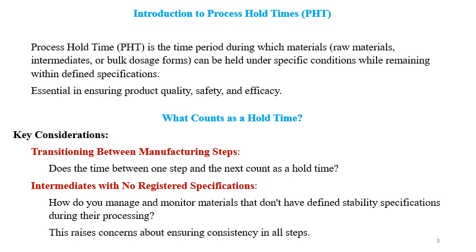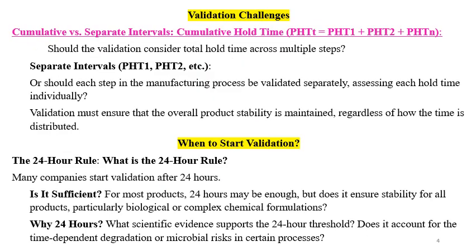That's why hold time studies are also important. Then sometimes, because of a production emergency or priority changes, there may be chances of holding one batch at some in-process stage and taking another batch in continuous manufacturing. So that's why hold time studies are essential.